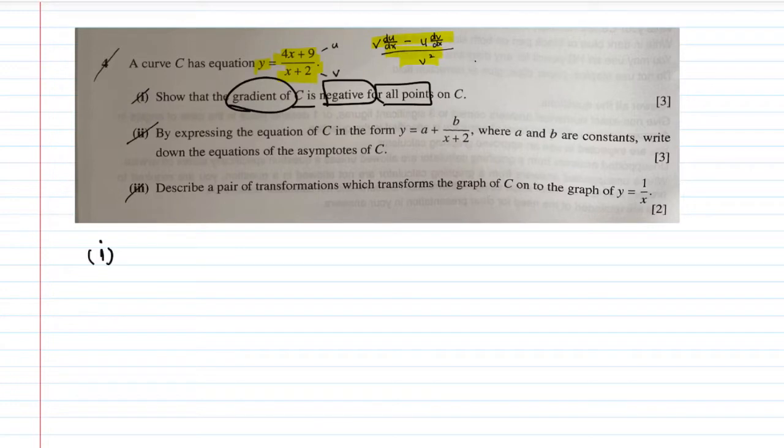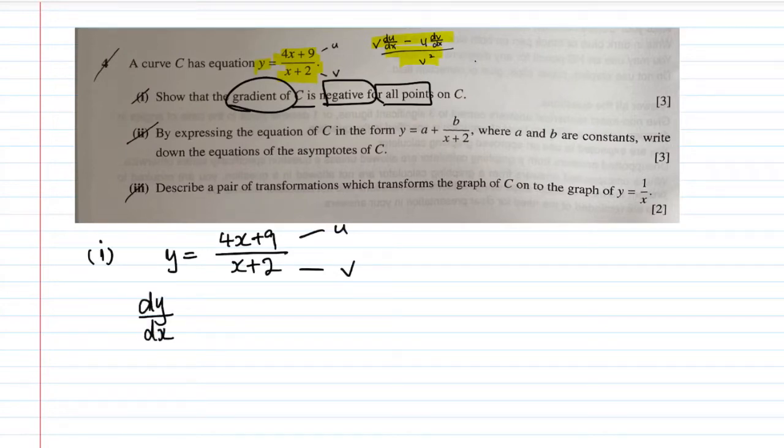I'll answer it. Part 1: y equals (4x + 9) over (x + 2). The top part will be u and the bottom will be v. When you differentiate this using the product rule, you just need to follow the formula.